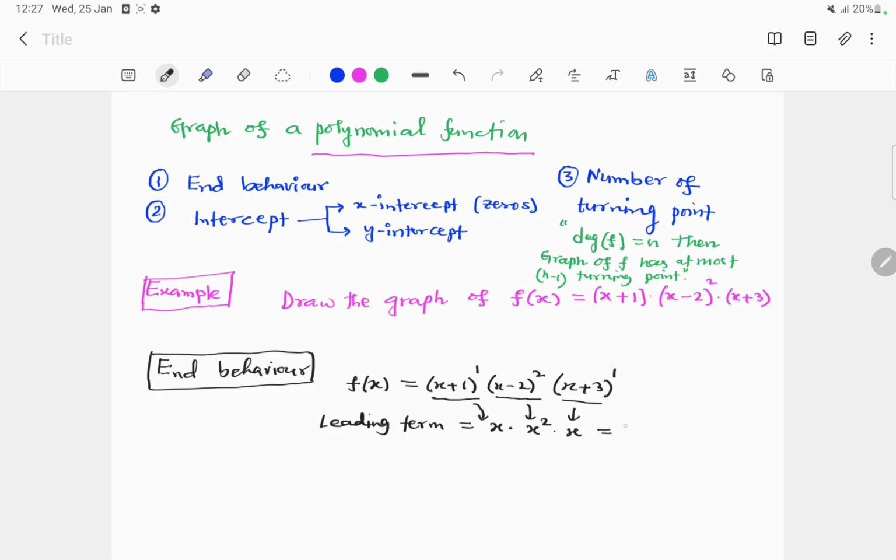If you multiply, you get x to the power 4. So the leading term is x to the power 4.